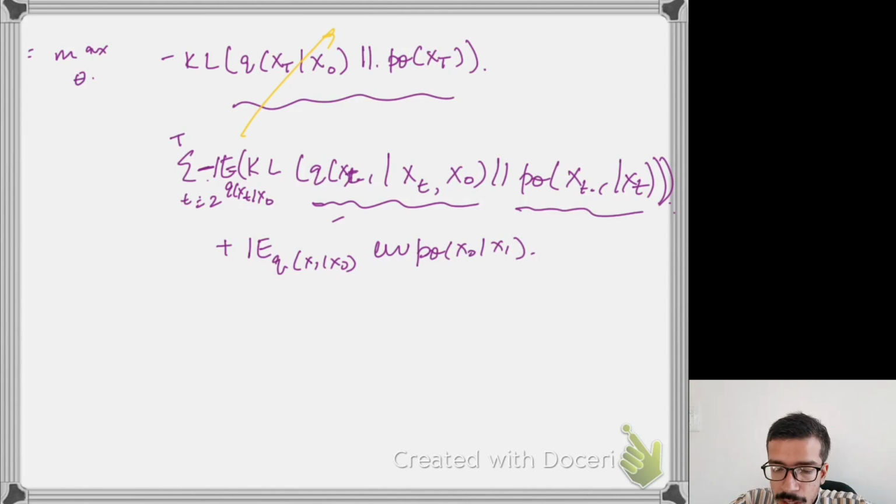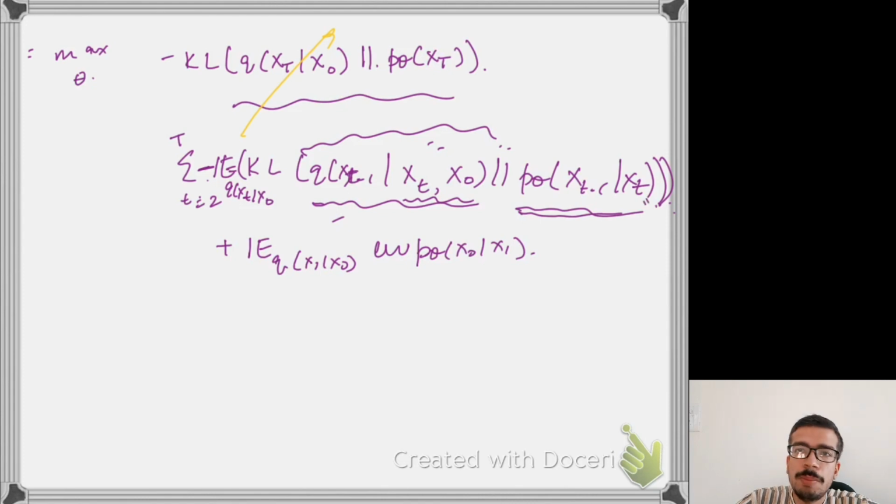Okay, now how do we model this thing? So this distribution we can derive as a normal distribution, and the mean can be derived as a function of xt and x naught, and the covariance is just a fixed function of alphas that does not even depend on xt and x naught. And we model p theta of xt minus 1 given xt also as a normal distribution with a parameterized mean and the same covariance matrix.